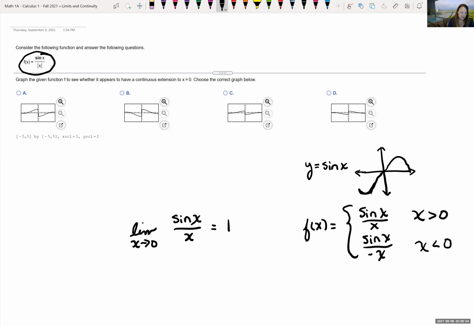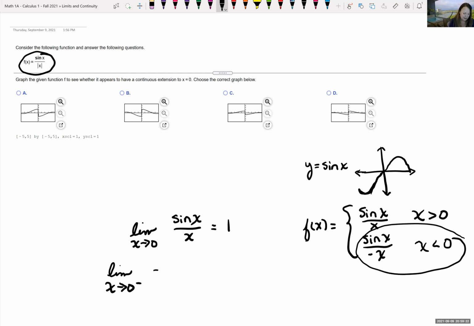So now let's look at the limit as x is approaching 0 on the left-hand side. Looking at it on the left-hand side, that tells me that I want to use this.